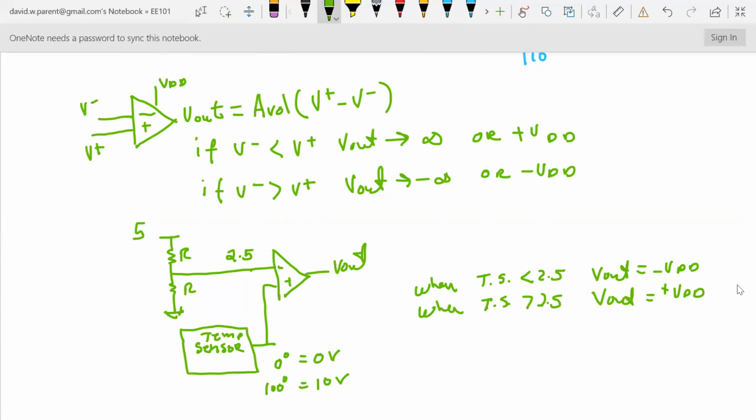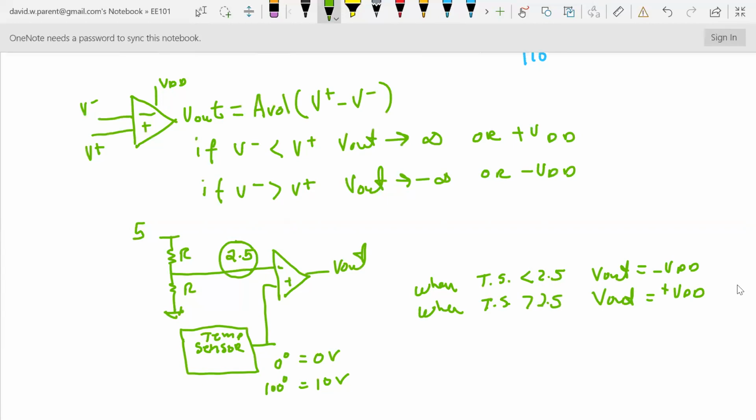So, I can change this reference voltage to be equivalent to 30 degrees Celsius or 40 degrees Celsius or 38 degrees Celsius.